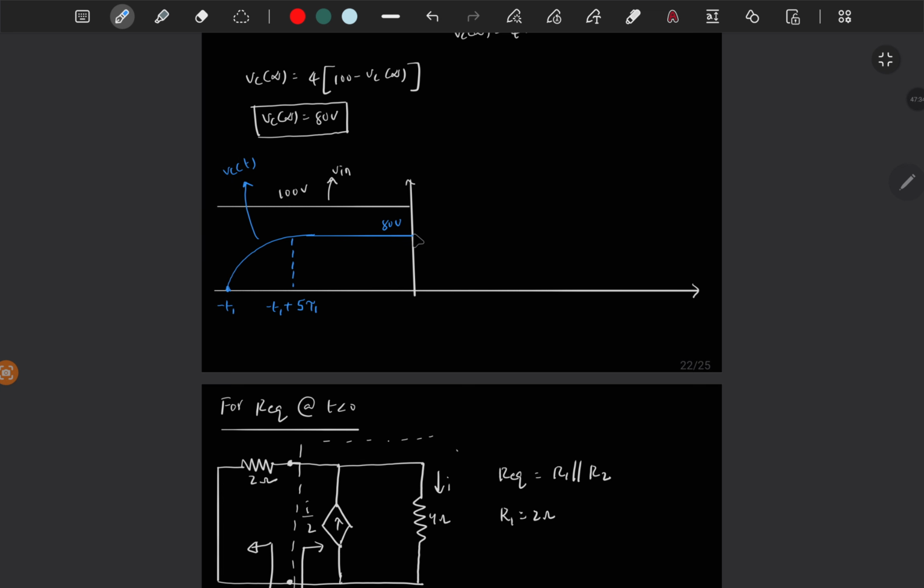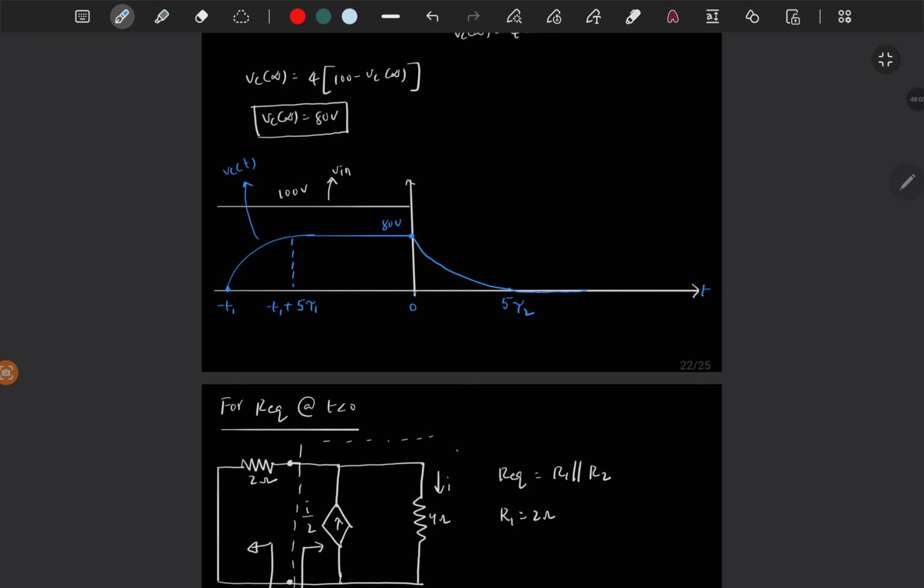That is for sure, because there is no independent source in the circuit for t greater than 0. So this will go to 0 exponentially, and this will stay at 0. So this will happen at 5 tau 2, and this is 0.